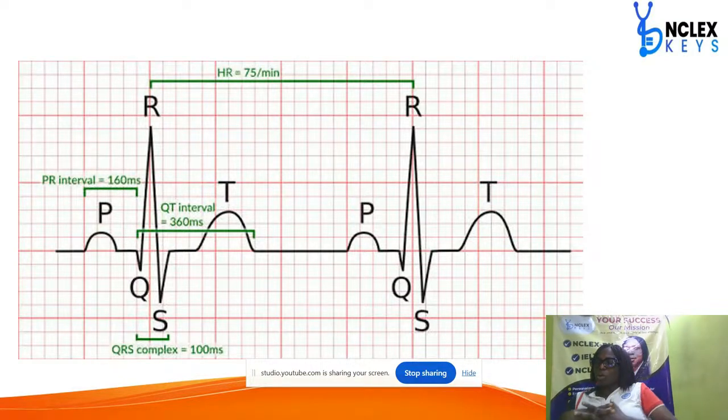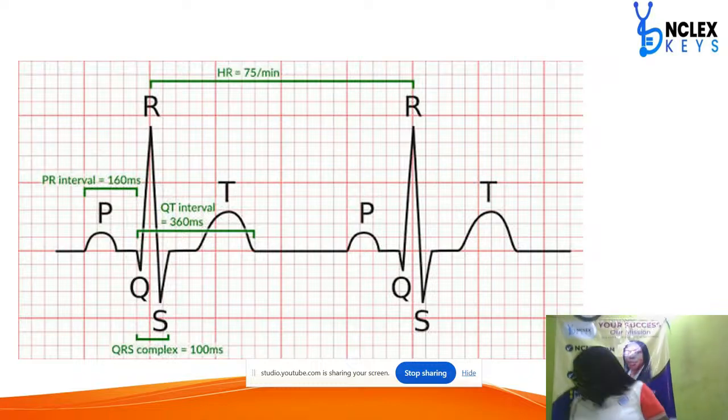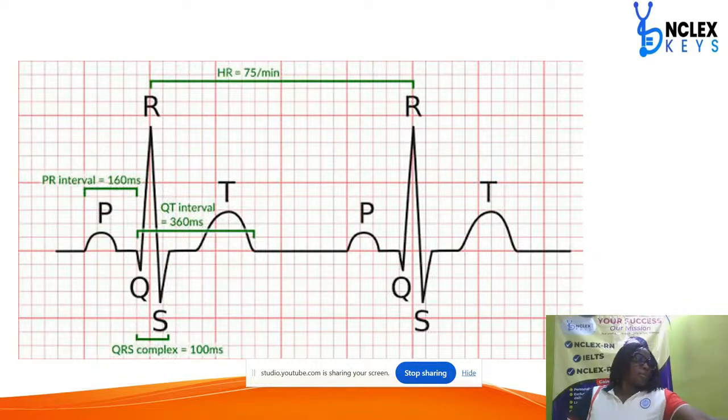So meaning that when you are using big boxes, your constant figure is 300. When you are using small boxes, your constant figure is 1,500. And you will see that you are going to get the same thing. So when you divide 300 by 4, please, what do you have? 75. You can see that you have the same figure, 75.